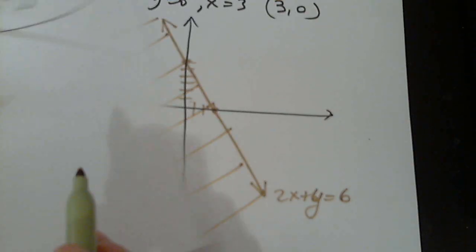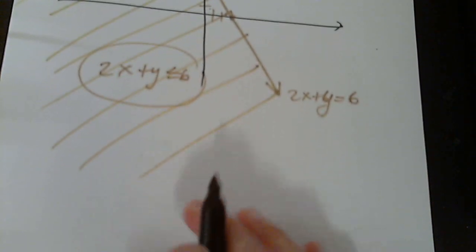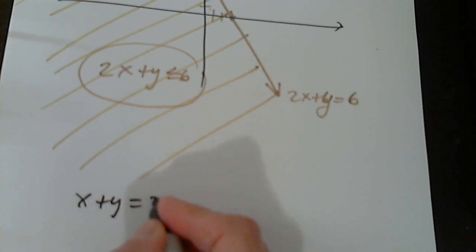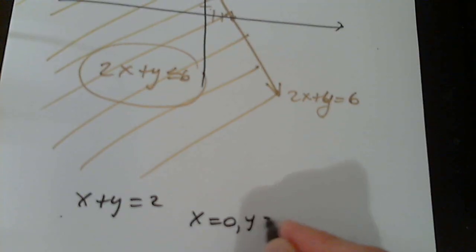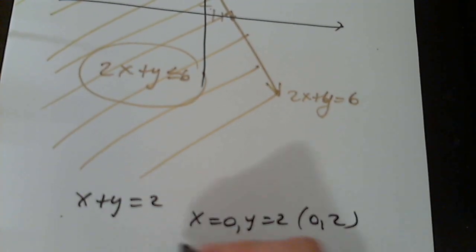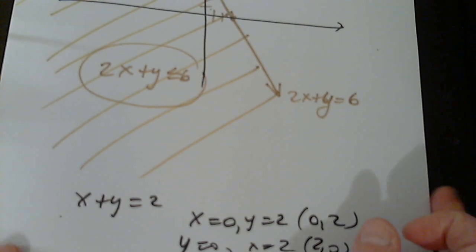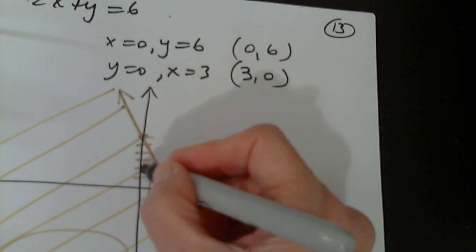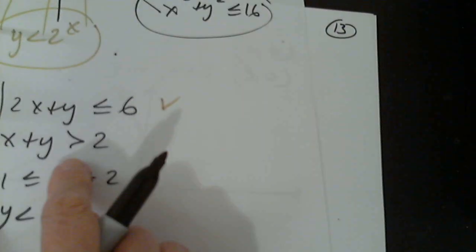Now I continue with x plus y equals 2. When x is 0, y is 2. When y is 0, x is 2. So 2, 0 and 0, 2. Solid?